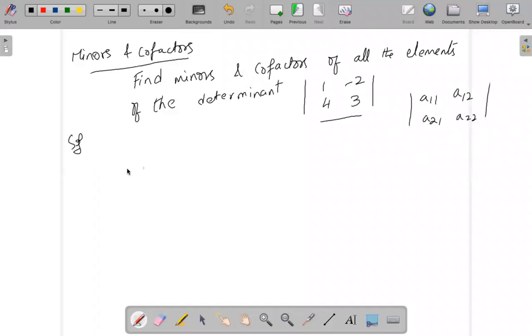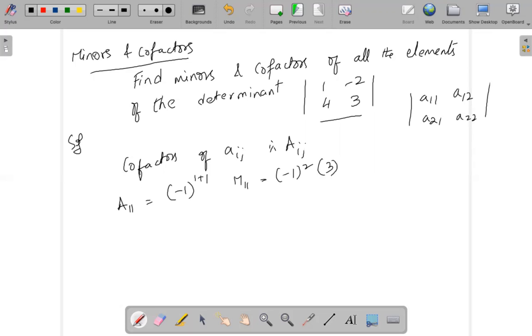Now the cofactor of aij is Aij. So A11 is minus 1 to the power 1 plus 1 times M11, which is minus 1 squared into 3, which is equal to 3.